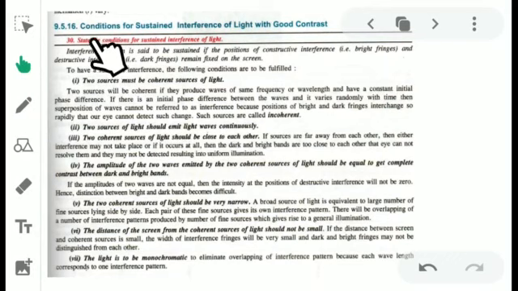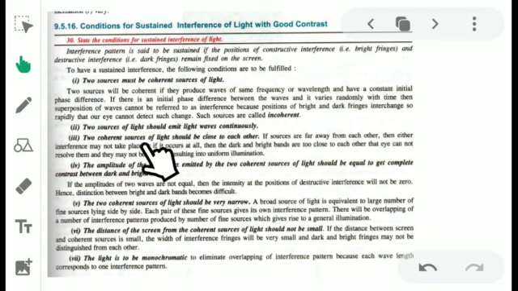Now, what are the conditions for sustained interference of light with good contrast? First, the two sources must be coherent sources of light. What is meant by coherent source, we already discussed. Then, the two sources of light should emit light waves continuously.